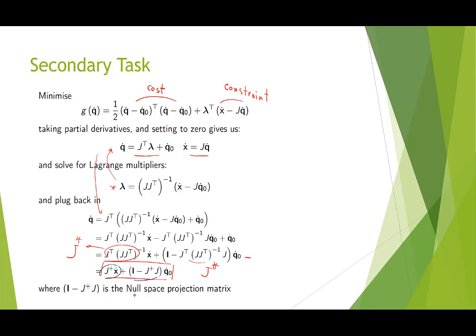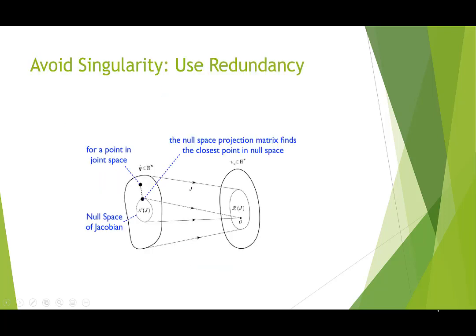What does this equation mean? The fact is that this second part is what we call a null space projection. Remember from previous sessions, we said Jacobian looks like a mapping. For a redundant robot, it always maps a certain part of the configuration space into 0.